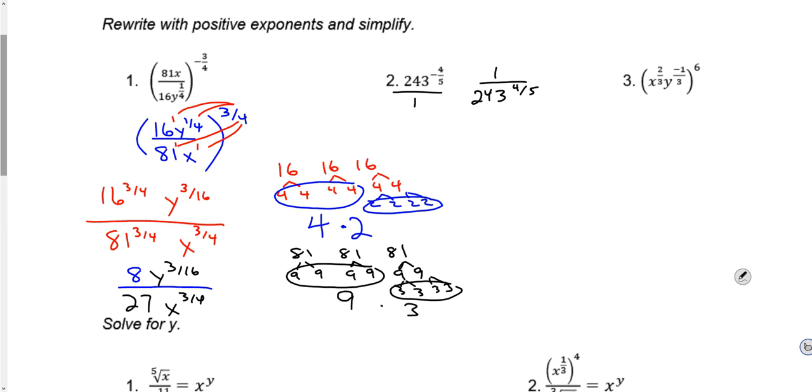So 243, man. 243, we need 4 copies of that. 243, 243, 243, 243. So what times what gives me 243? 3 and what?